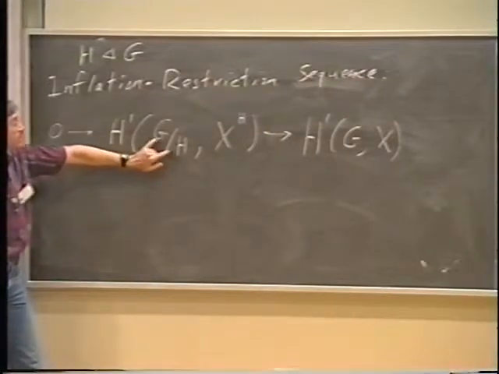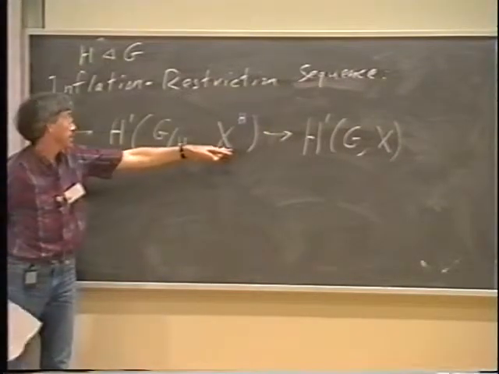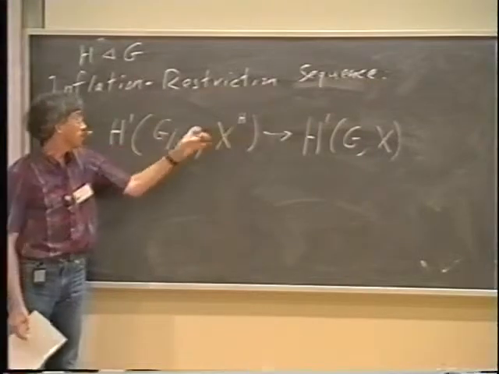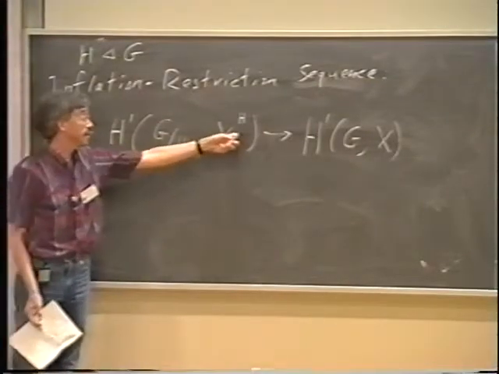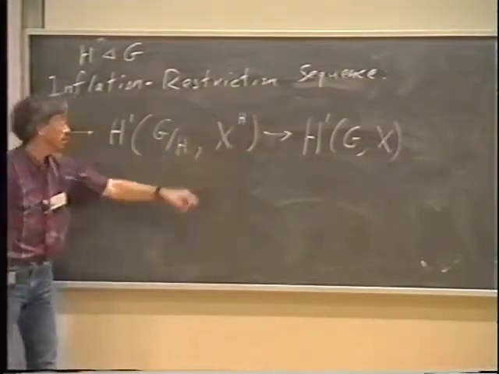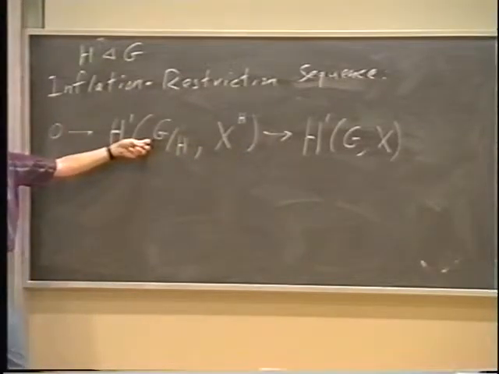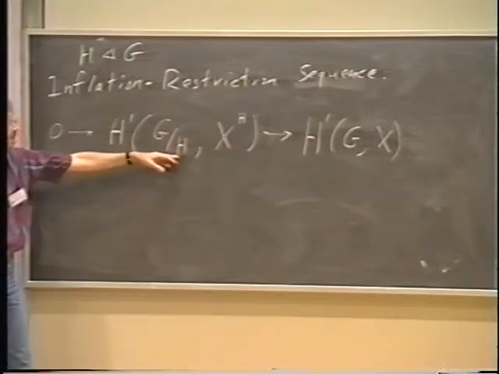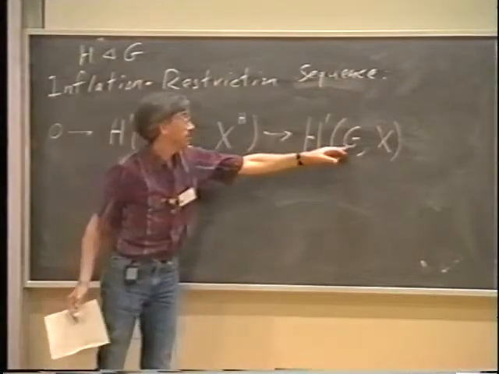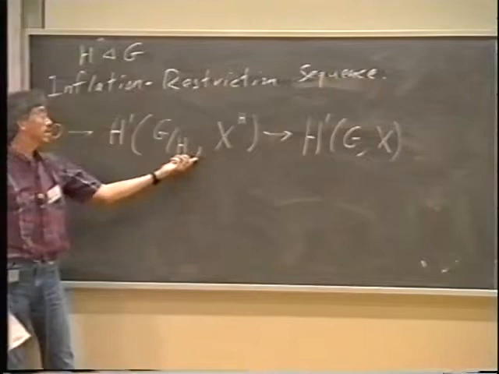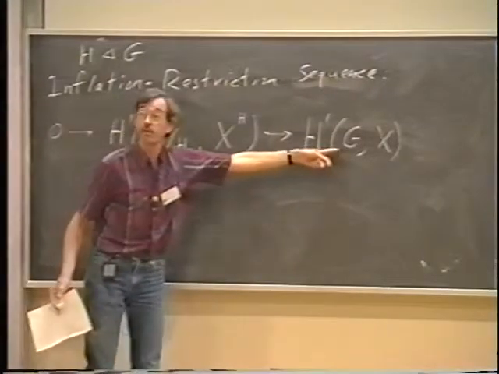Well, think of this as a function from G mod H to X. The cocycle is just a function from G mod H to X that happens to end up in X^H. Well, a function from G mod H to X you can regard as a function from G to X that just happens to be constant on cosets. So you get a function from G to X. The fact it satisfies a cocycle relation here makes it work perfectly well over here.